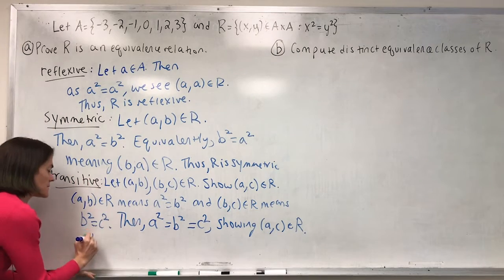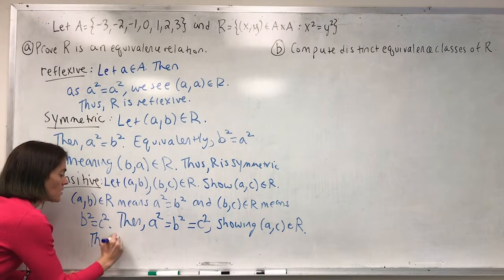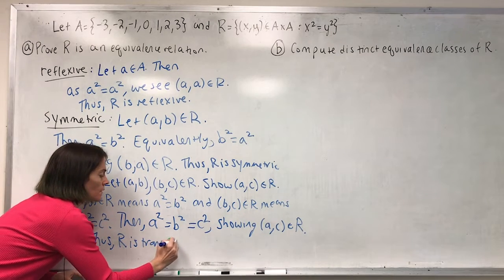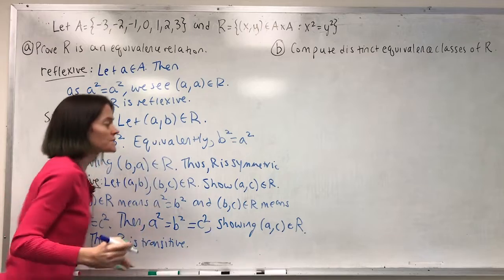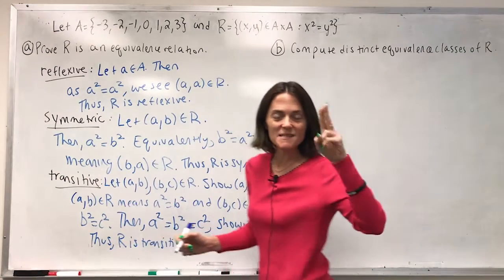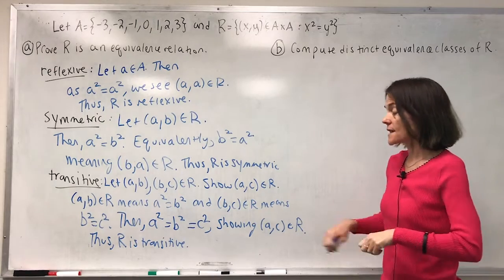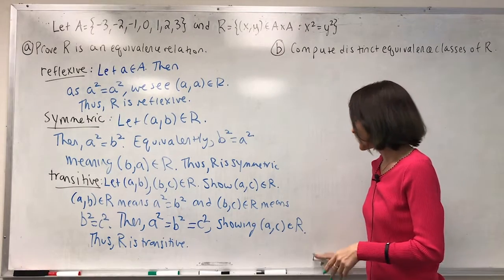This means R is transitive. So I have shown R is reflexive, symmetric, transitive. Therefore, R is an equivalence relation.